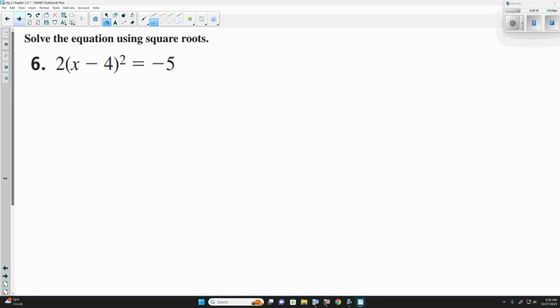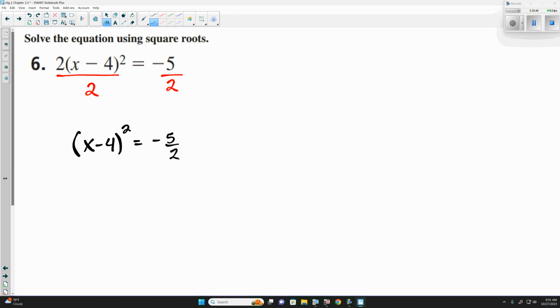I believe we have one more of the square root method before we do a few with factoring. Let's look at this one here. This time we have a set of parentheses being squared, so we do need to get it by itself. So the first thing we can do is, which tells us that x minus 4 squared is equal to negative 5 halves.